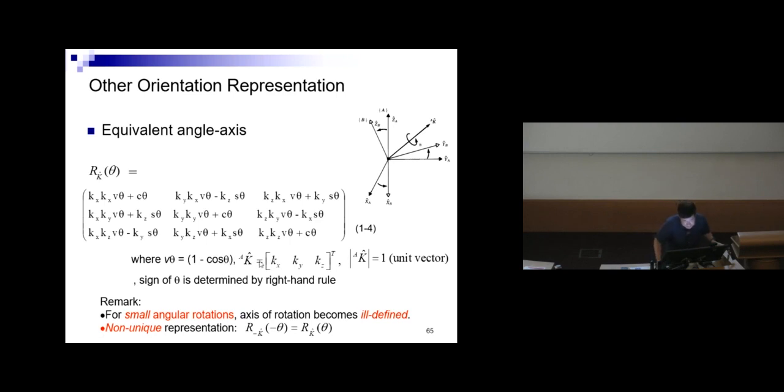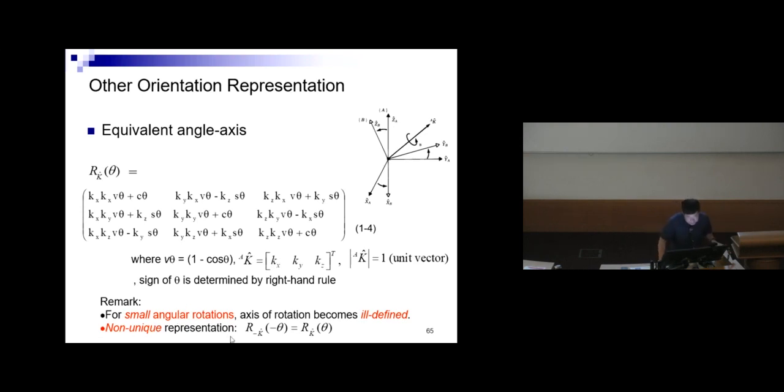The unit vector k hat, in the A frame, is kx, ky, kz transpose, because we represent a vector by a column vector. It's a unit vector, meaning the magnitude of k hat is equal to 1. The sign of theta is determined by the right-hand rule.